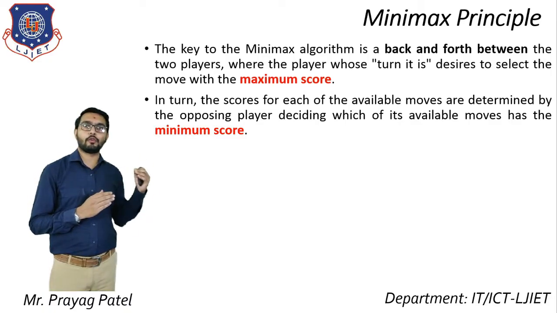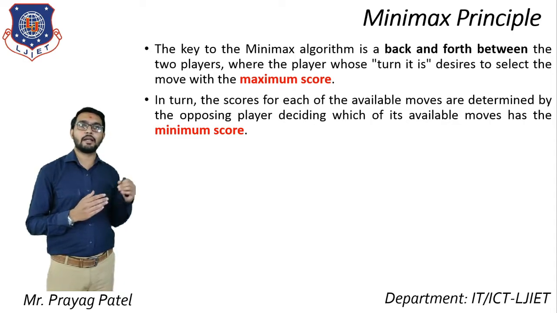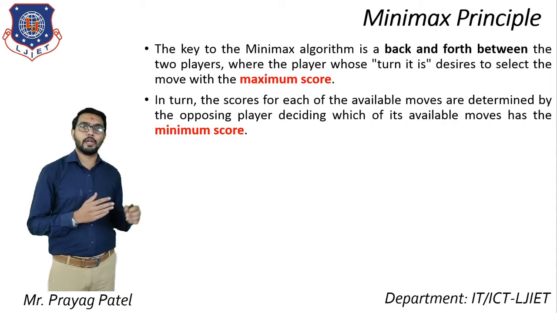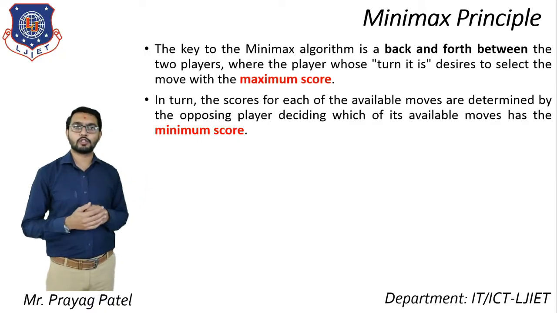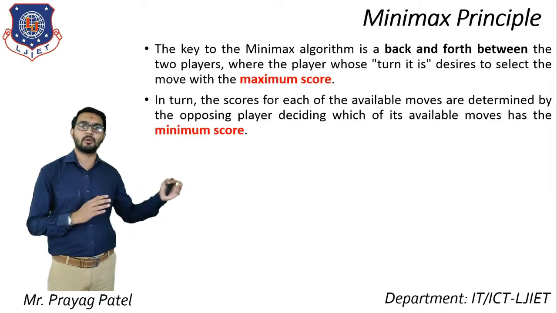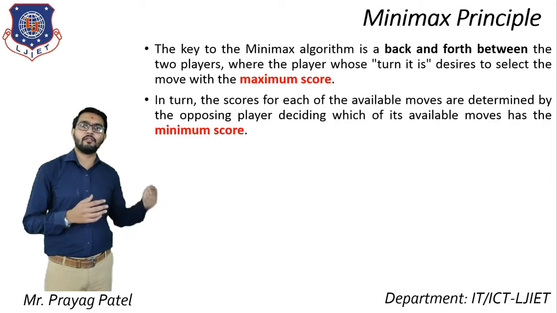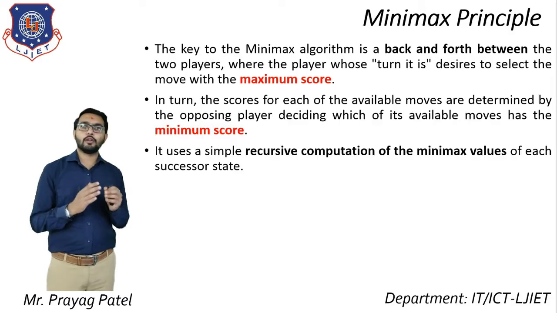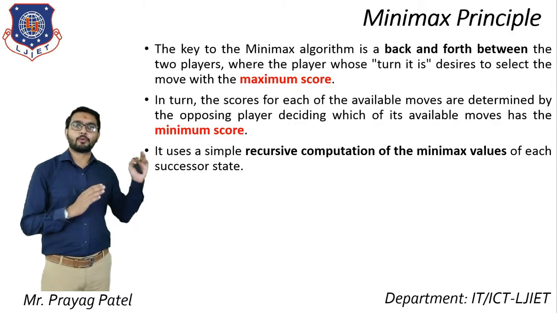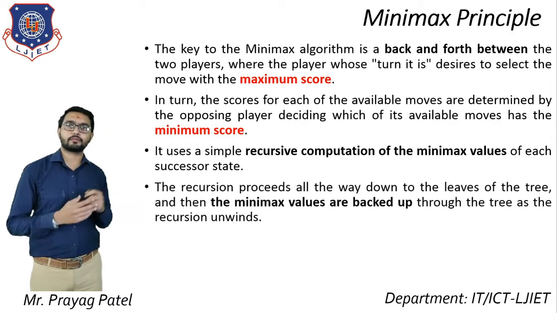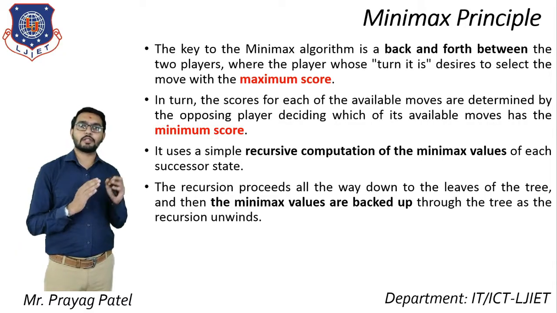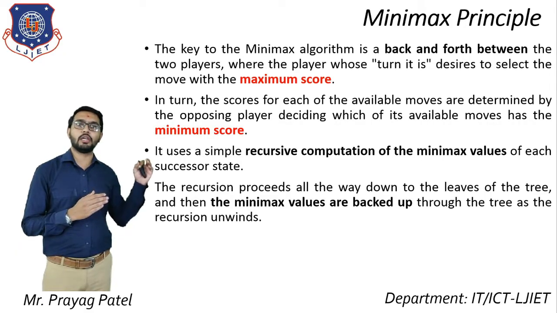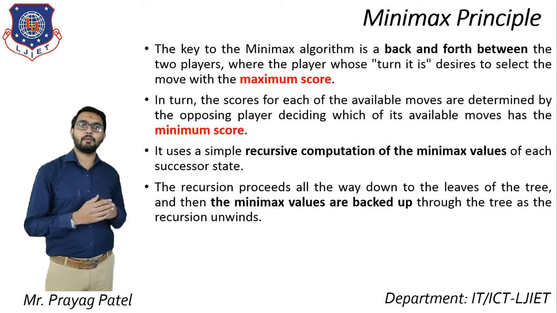In turn, the score for each of the available moves is determined by the opposing player deciding which of the available moves minimizes the cost, meaning your opponent's target is the reverse of your target. It uses a simple recursive process to find the solution. The recursion goes all the way down to the leaves of the tree, and then the minimax values are backed up through the tree as the recursion returns.